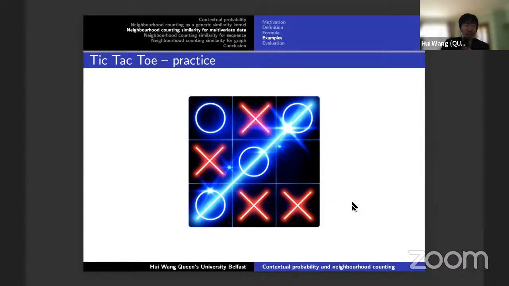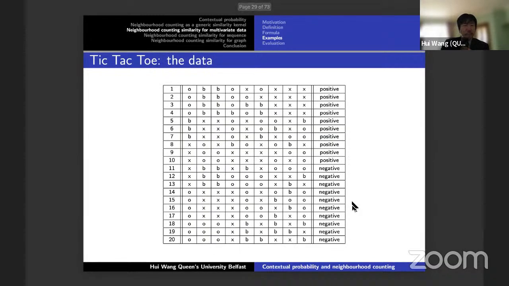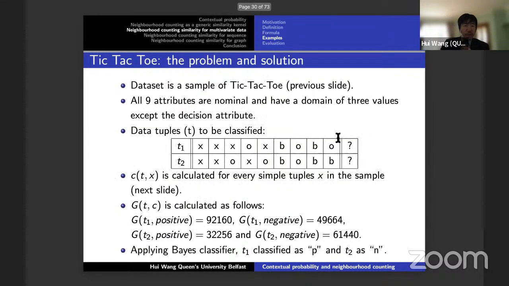So that is a tic-tac-toe game. That is a data sample for the tic-tac-toe game. We have different board positions, and then we have the class labels, positive or negative. And if we want to solve this problem, once again we need to calculate the G probability, and so that is the result of the calculation.